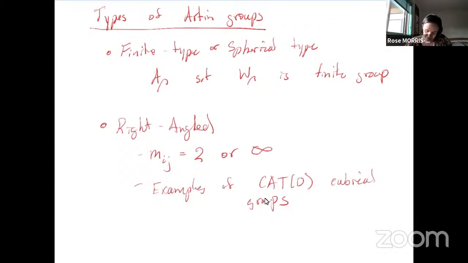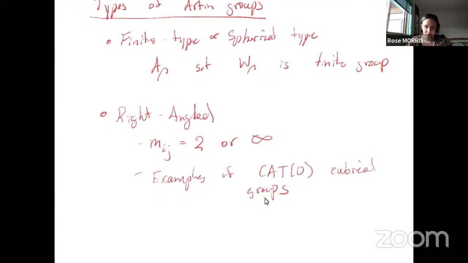But this also means that the techniques that you use for studying these are pretty different from the techniques that you use for studying more general Artin groups, just because this CAT(0) cubical stuff gives you such strong tools that you don't have for the other Artin groups. So I'm not going to talk too much about those, but just so you know that they're out there.